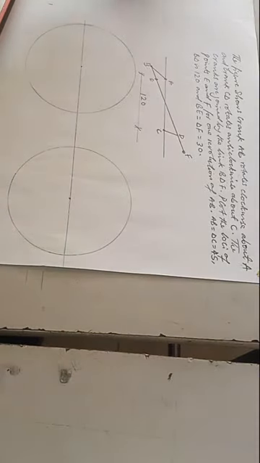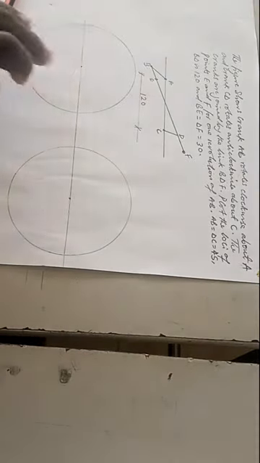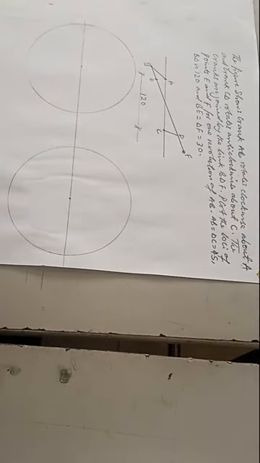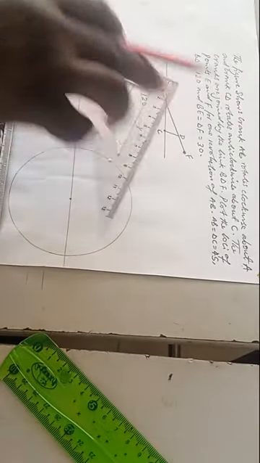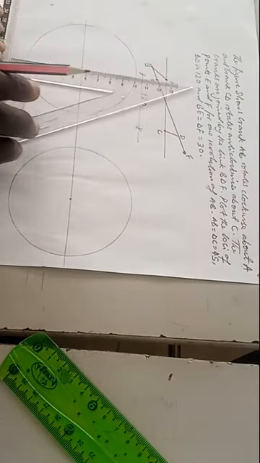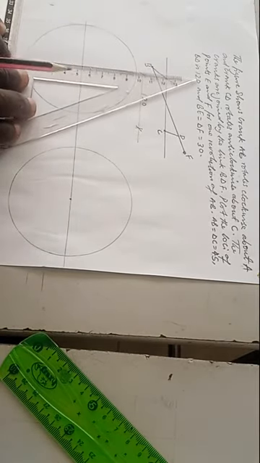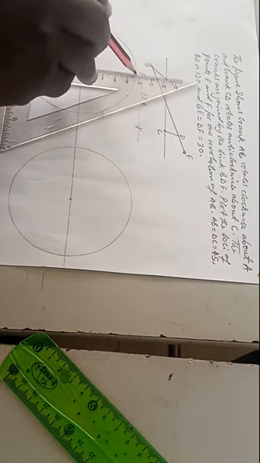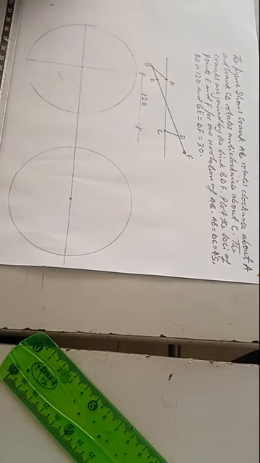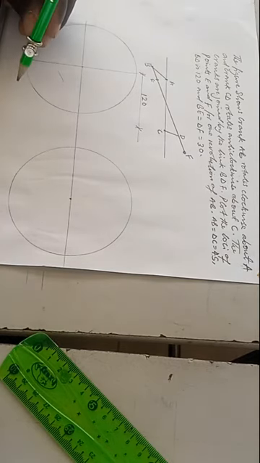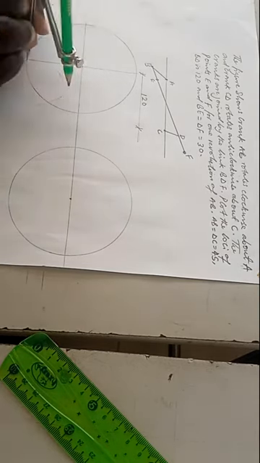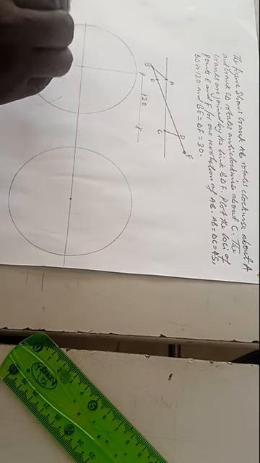Since it is AB that I have been told will complete one revolution, let us divide AB into 12 equal parts. The same radius of the circle, you use it to mark arcs round, right and left.